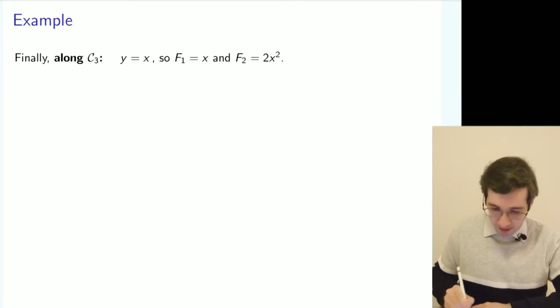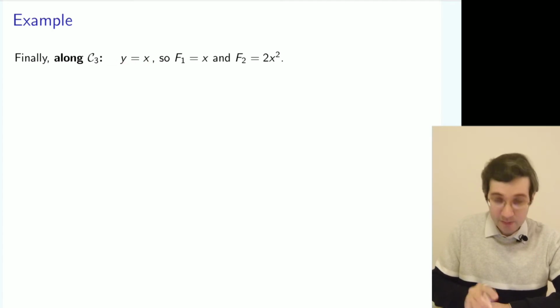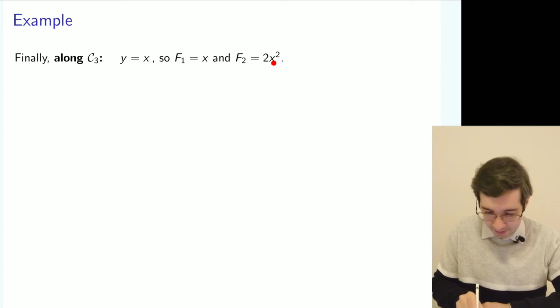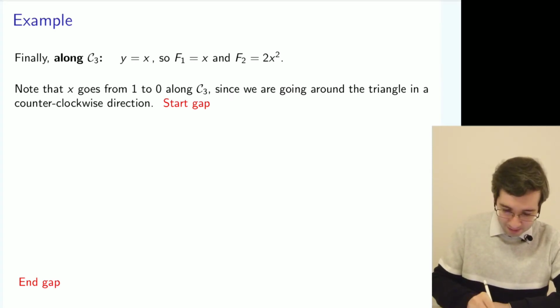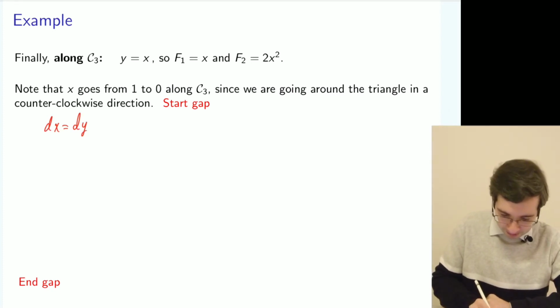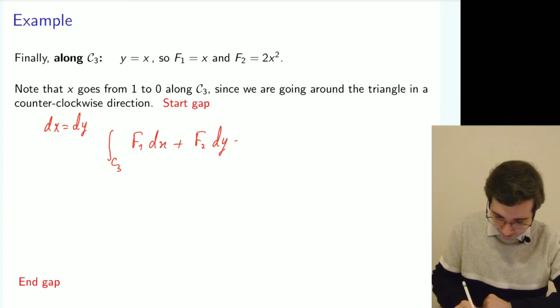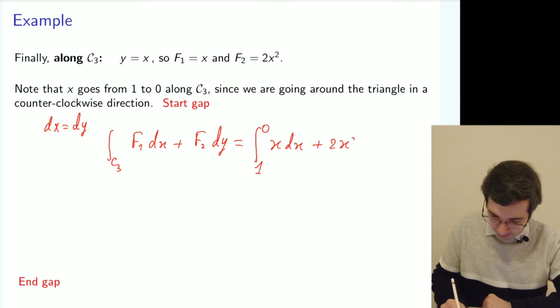So we do that, and we know that this is just the line y equals x, so the first component is x, second is 2x squared, and as I said, we move from 1 to 0, and because we had that straight line, we can also say that dx equals dy, and our integral, which is f1 dx plus f2 dy, becomes an integral from 1 to 0 of x dx plus 2x squared dx.